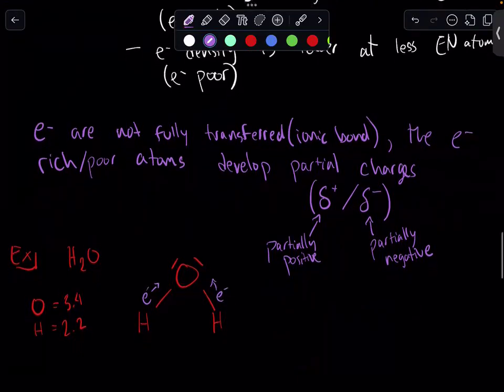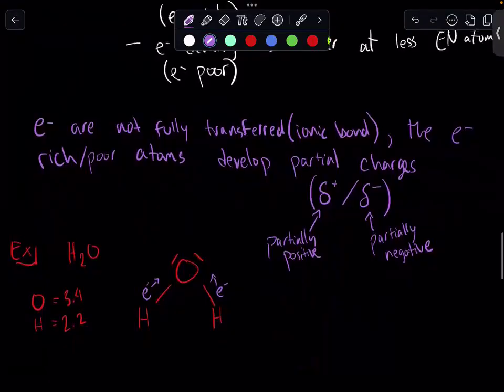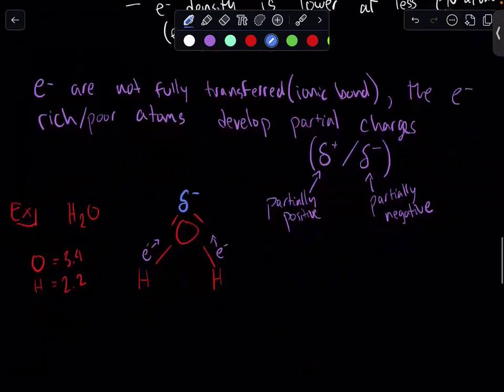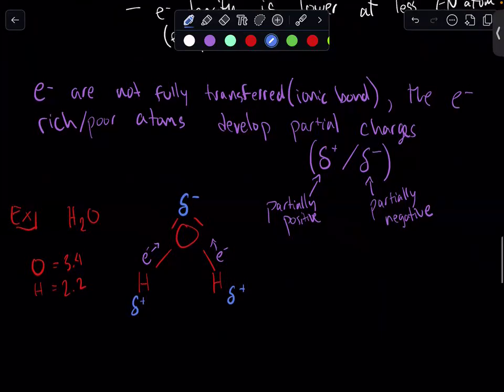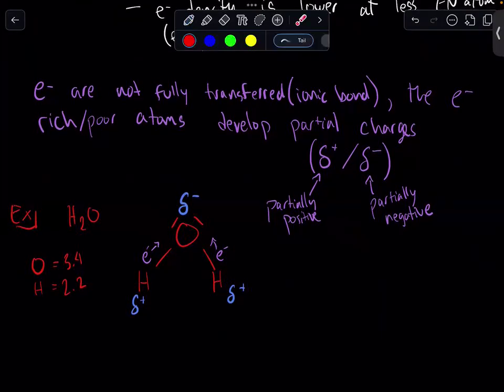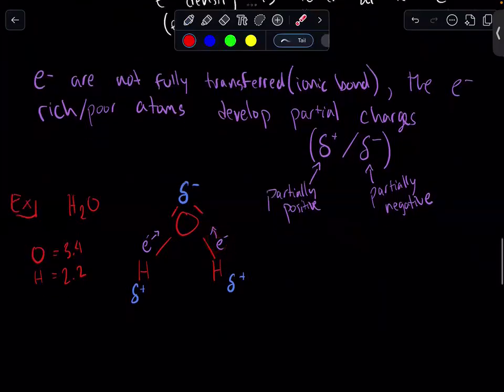Therefore, oxygen is going to become electron rich, and it will develop what we call a partial negative charge because it has almost more electrons. Not a full electron more than its protons, but it's sharing a greater portion of those electrons with itself than with hydrogen. Meanwhile, the hydrogens each become partially positive as the electrons are moving away from them. So these hydrogens have one proton still, but they kind of only have maybe half an electron because their electron is moving closer to oxygen.